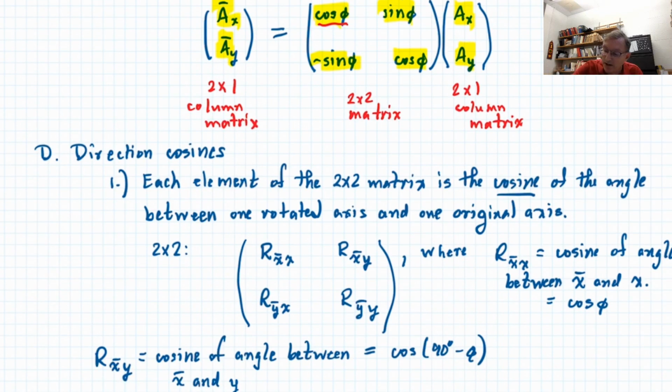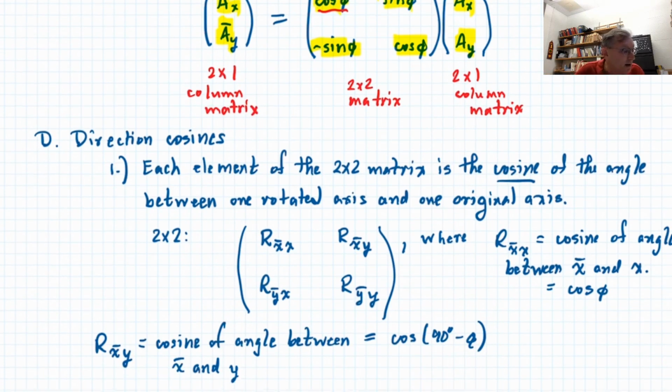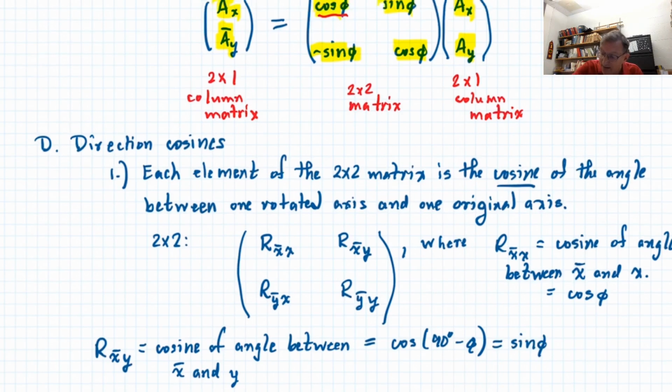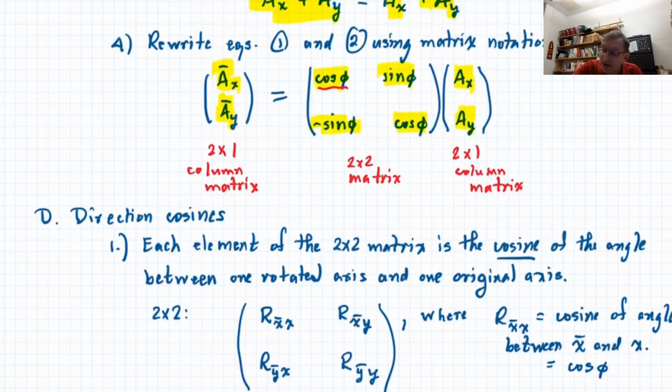You work that out using a trig identity, and you will discover that it is just equal to sine phi. Now that's R x bar y, and that should be the same then as the element of the matrix in the first row, second column, right here. And sure enough, it's sine phi.